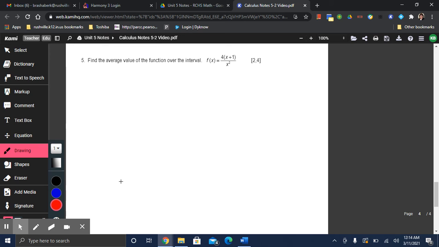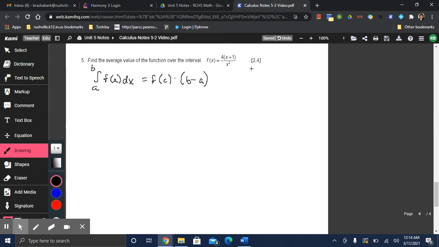So remember that the formula for the average value of a function is the integral from a to b of f of x dx equals f of c, that would be your average value, times b minus a. Now, you could also have it solved for the average value, but this is actually your mean value theorem.